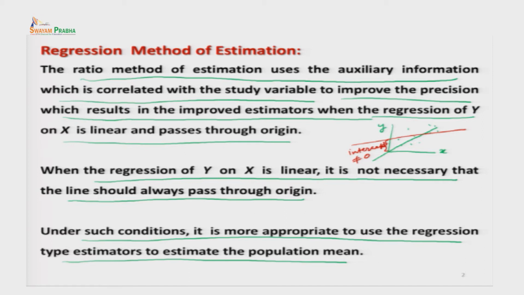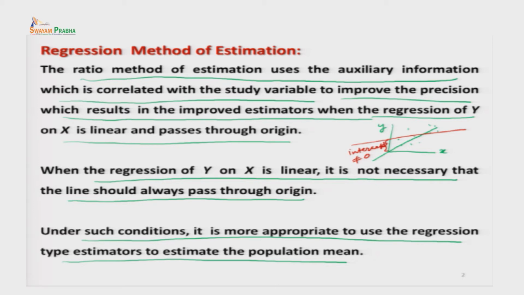You just take your paired observations and plot them, and if the regression line which can possibly be fitted to that data appears to be passing through the origin, or is very close to the origin, then the ratio method of estimation is better to use.